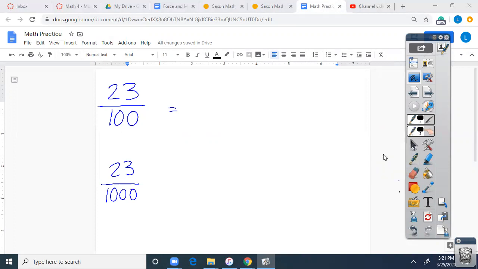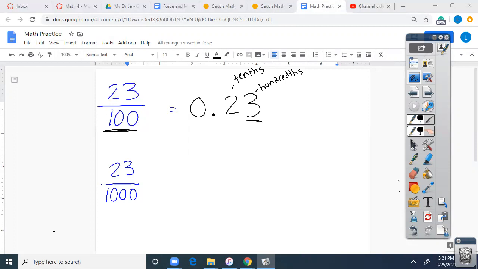Okay, so 23 over 100 as a decimal is going to look like this: 0.23. Remember, this is our tenths place, and this is our hundredths place. So because it is over 100, we need to go out to the hundredths place.